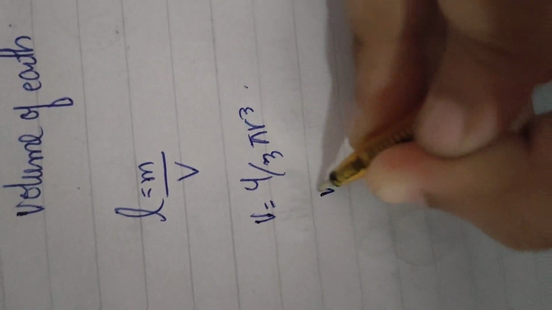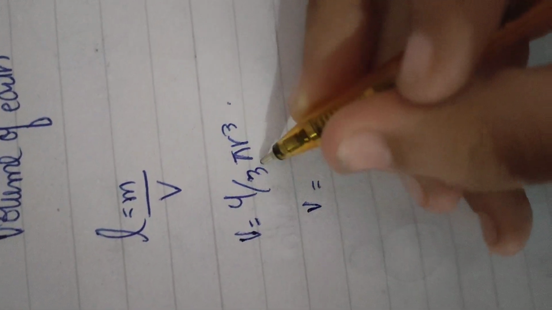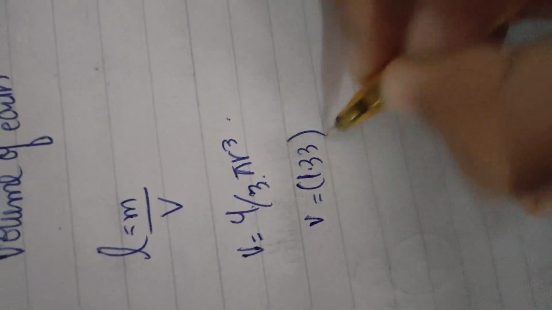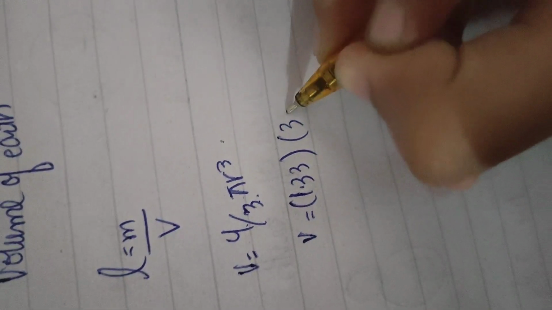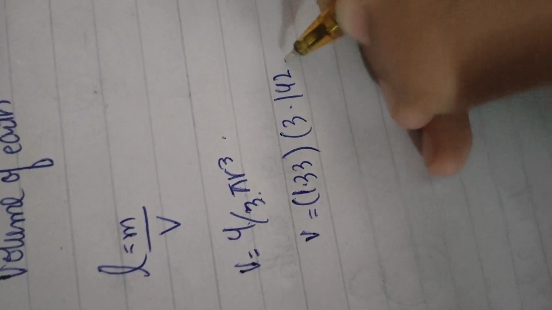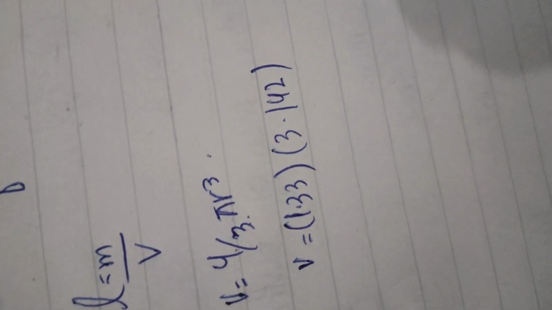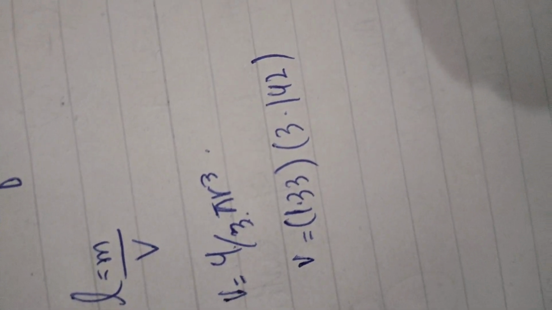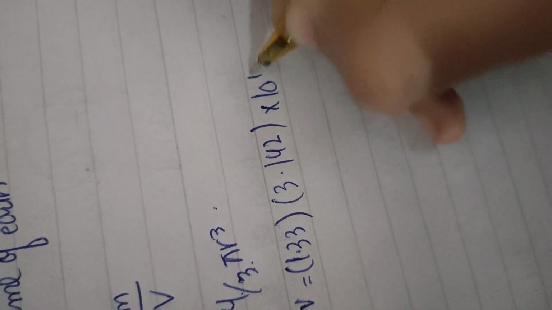V is equal to 4 divided by 3, which must be 1.33. The pi value is 3.142, and the radius cubed would be 10 to the power 18.